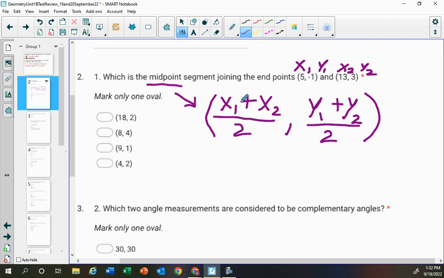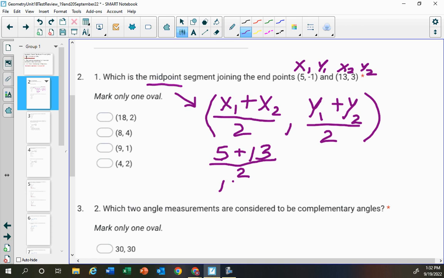So for the x's, what two numbers are we going to add? What two numbers are our x values? It's going to be 5 plus 13. Remember, you add first. What's 5 plus 13?